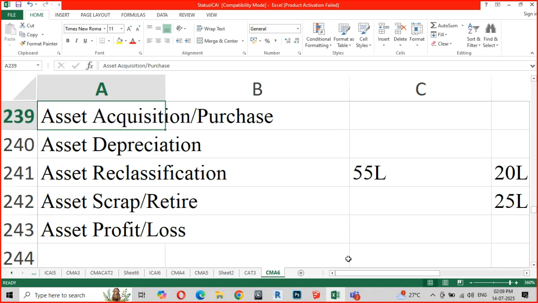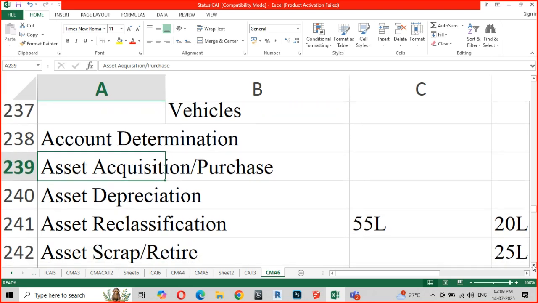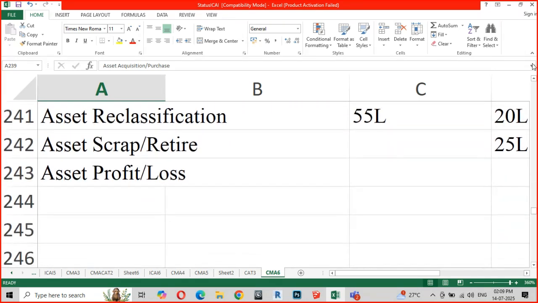So, students, welcome back. Just before we had our lunch break, we had been introduced to what is asset accounting and the nature of assets that we are going to deal with. I said we are going to deal with fixed assets only.